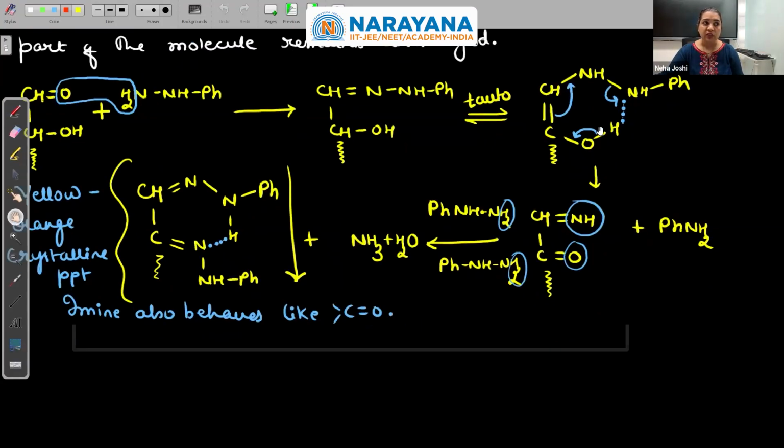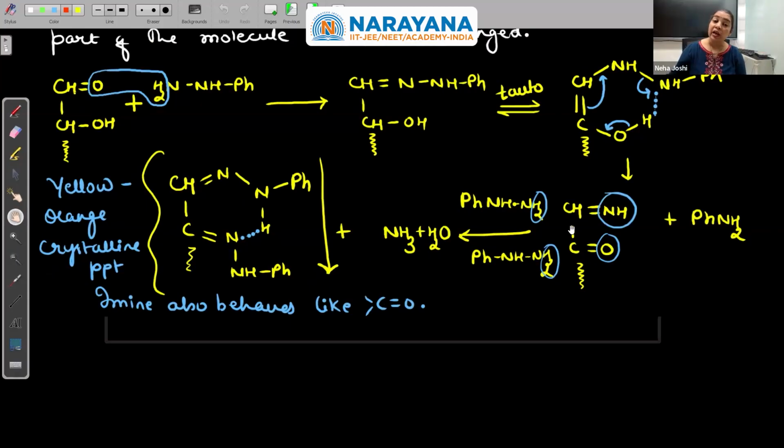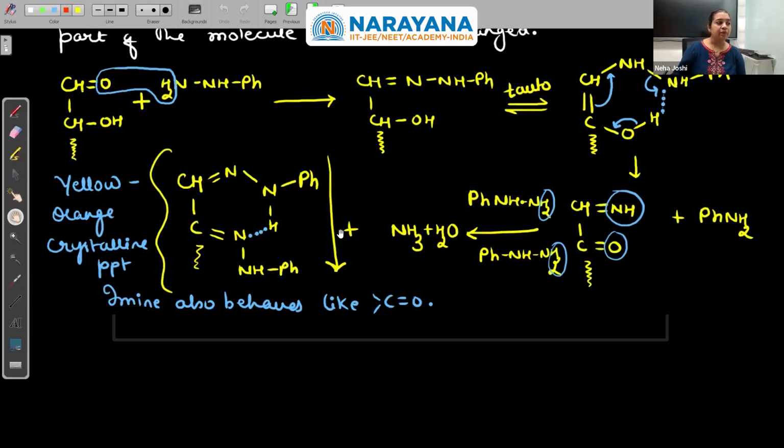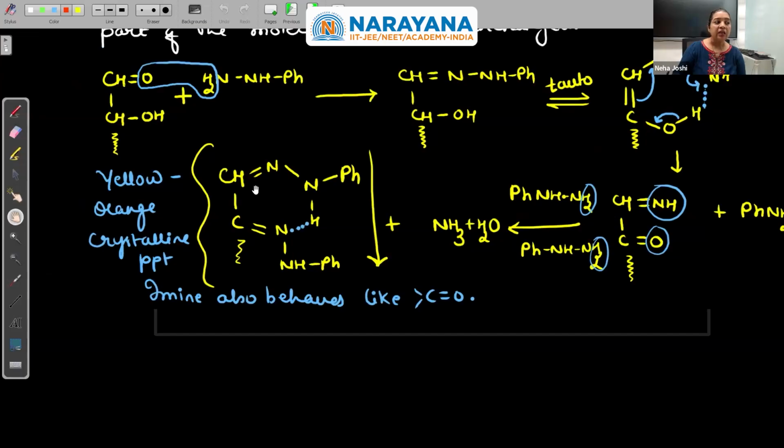How is it breaking? You will understand that this second carbon, which was hydroxyl, is now becoming ketone. The phenylhydrazone part has become imine and aniline is free. As I told you in the aldehyde ketone chapter, imine behaves very similar to ketone, so the same reaction takes place. Again 2 moles of phenylhydrazine react with our molecule, forming phenylhydrazone on both sides.